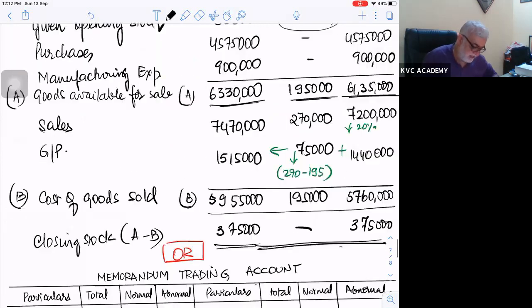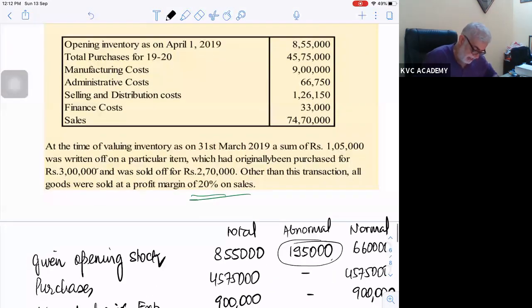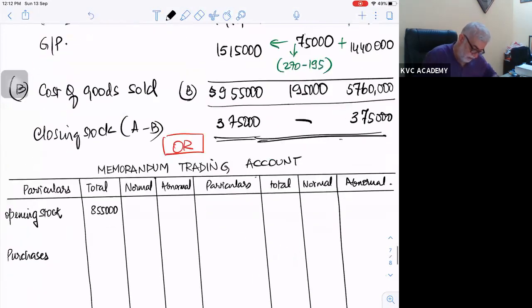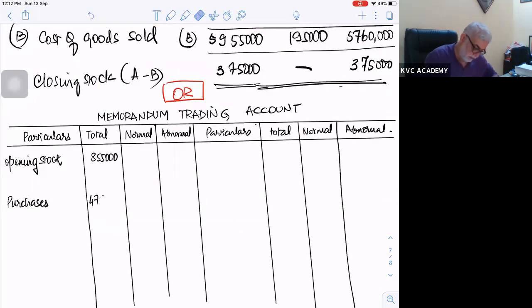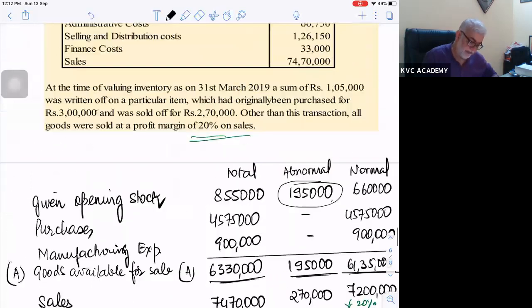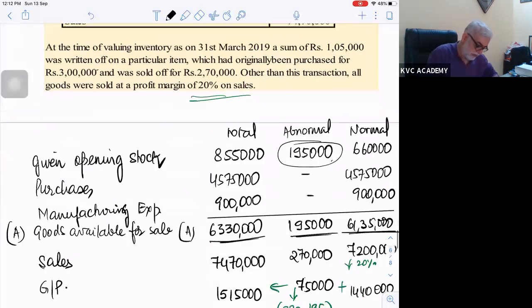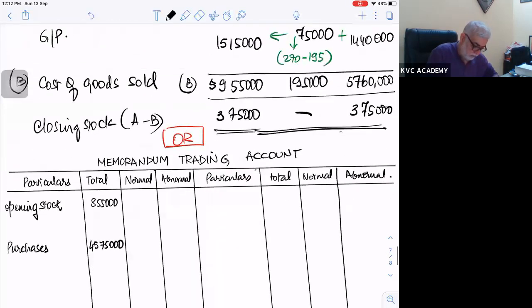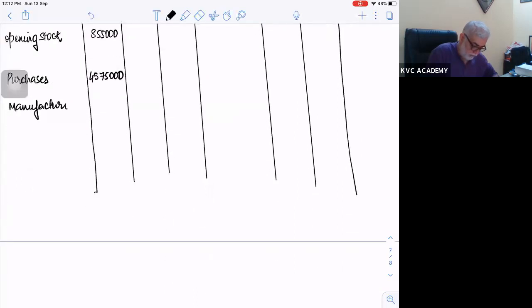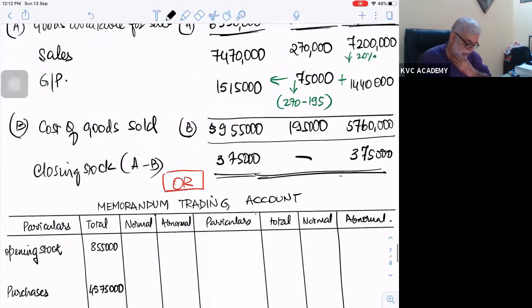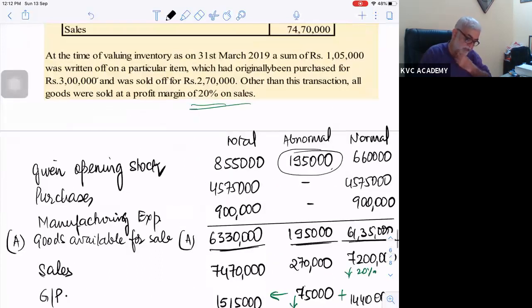What is the purchases given? 45,75,000. Then manufacturing costs 9 lakh. What is the sale given? 7470.